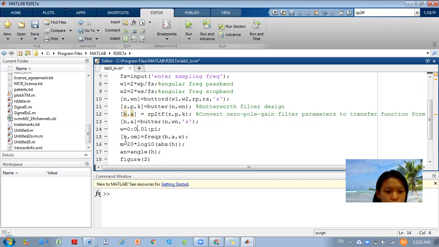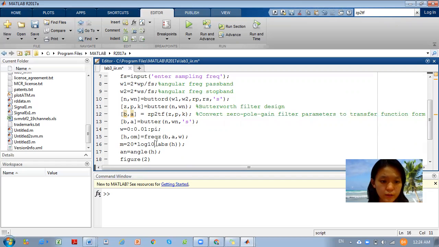So H, okay, H. We are plotting our transfer function against frequency. So this one is a normalized frequency. So B and A, the value will be in radians. So this one is our omega. Okay. So H is our frequency response.